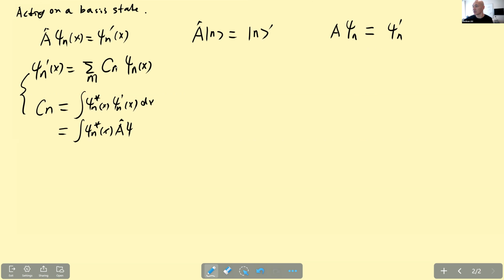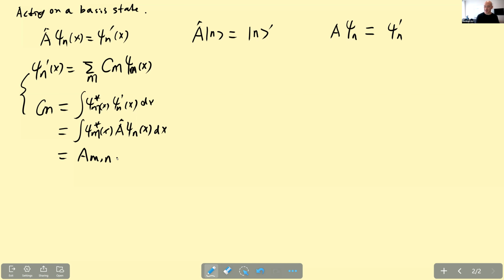So let me call this m, sorry. This is again nothing but the matrix element.